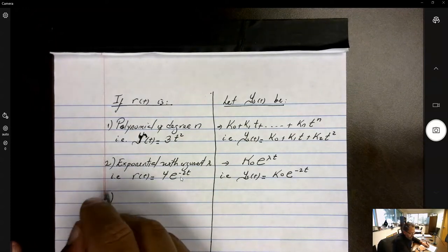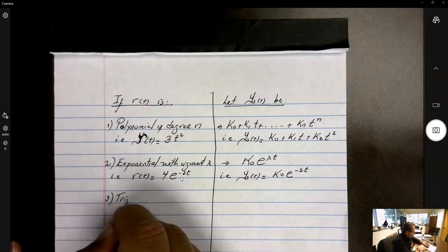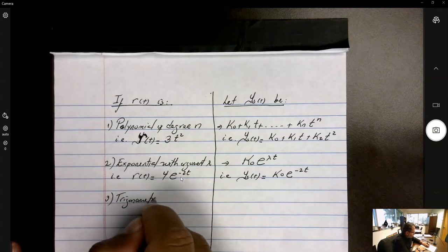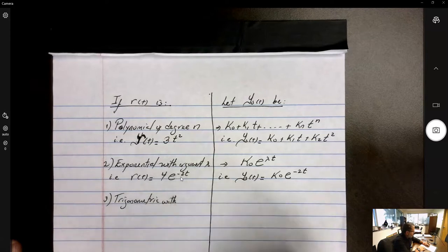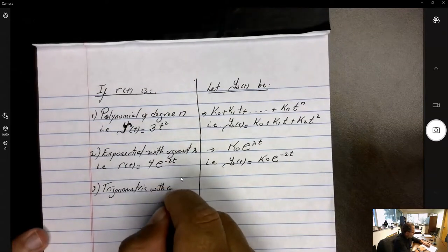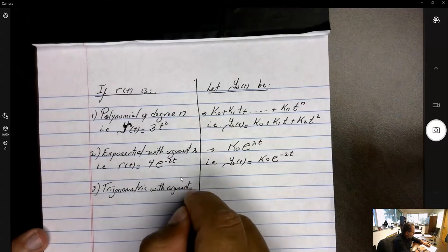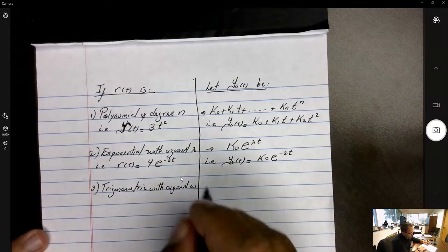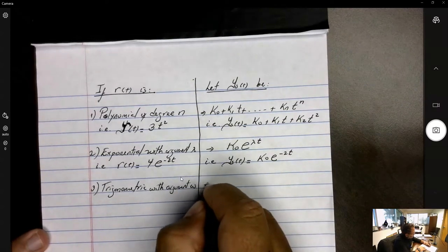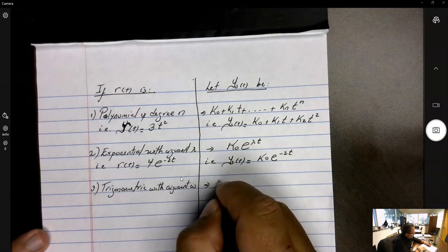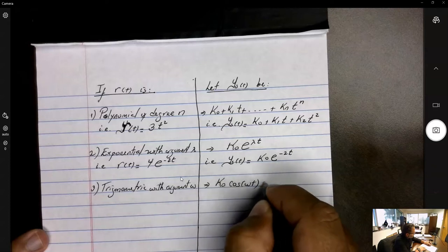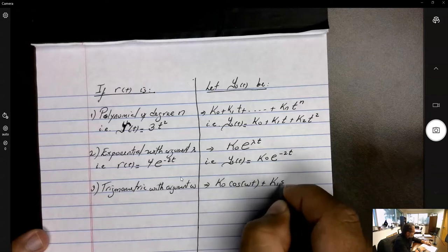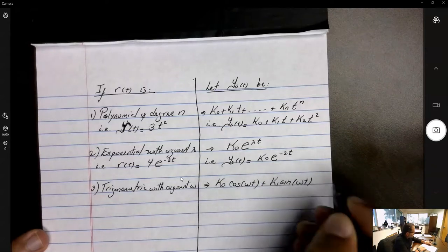3. Trigonometric with argument, or in this case wavelength, omega. Then ys should be k0 times the cosine of omega t plus k1 times the sine of omega t.